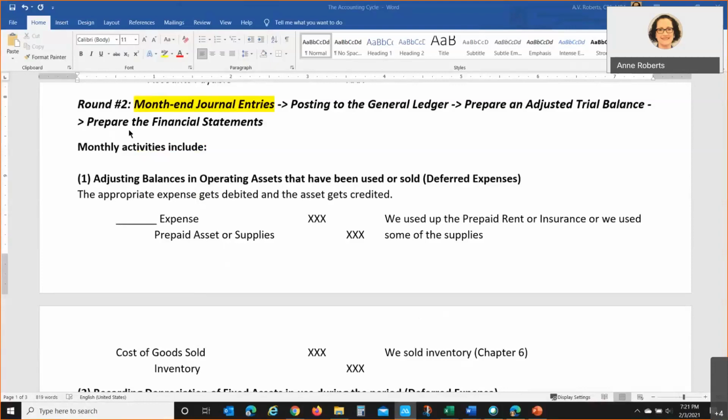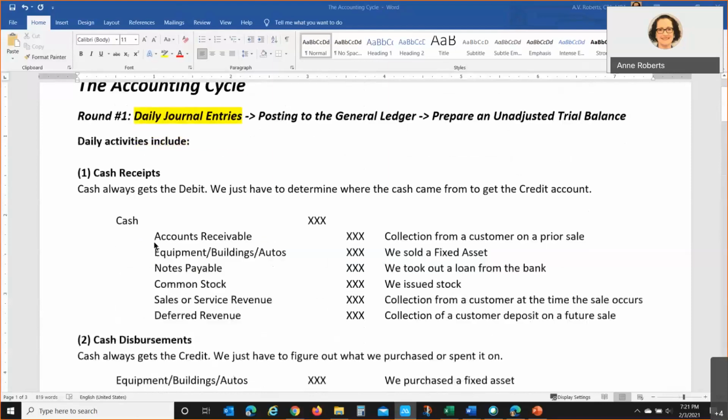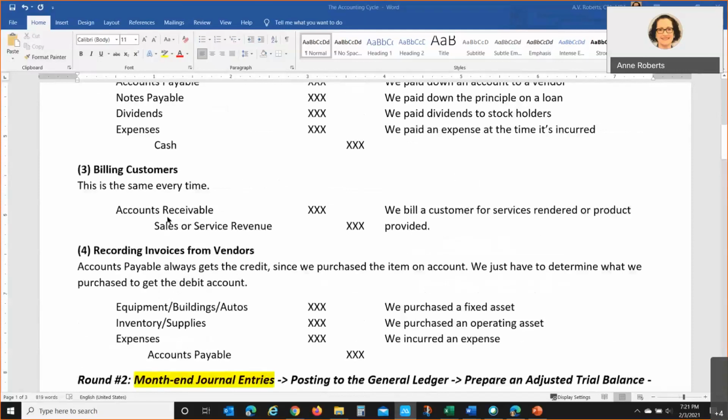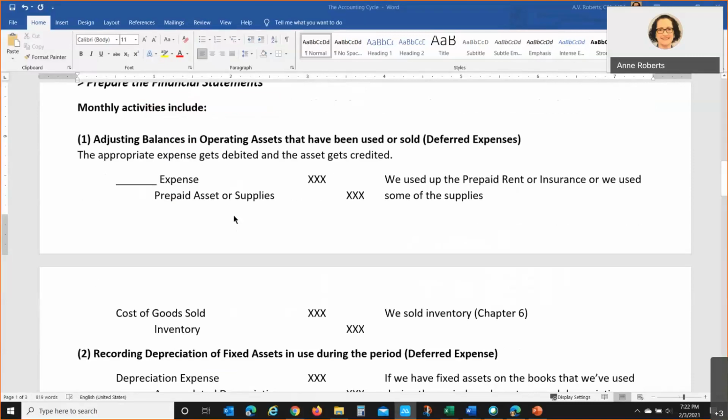Round 2, we're now at the end of the month. The only thing that we've been doing all month long is recording cash receipts, recording cash disbursements, billing customers, and recording invoices from vendors. Now we get to the end of the month and we've got to adjust balances to make sure that they are all correct. The first thing we're going to do is start on the asset side of the balance sheet.